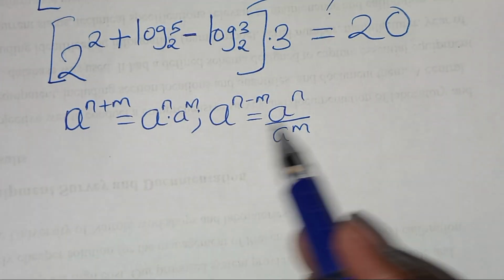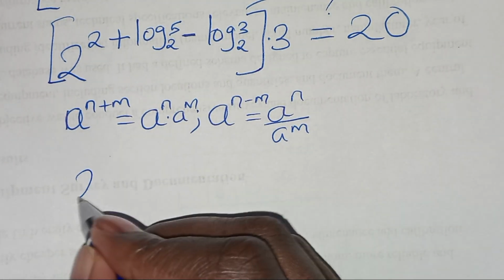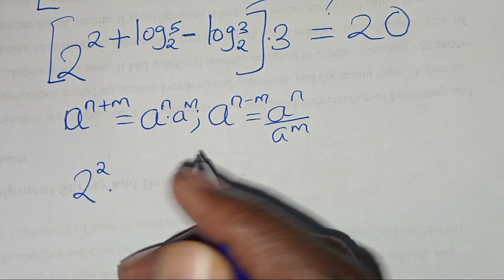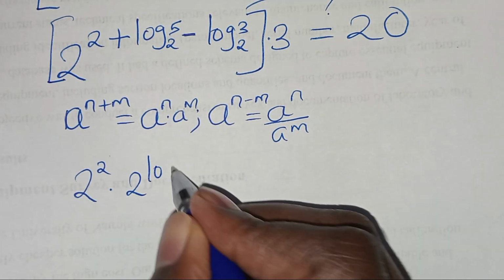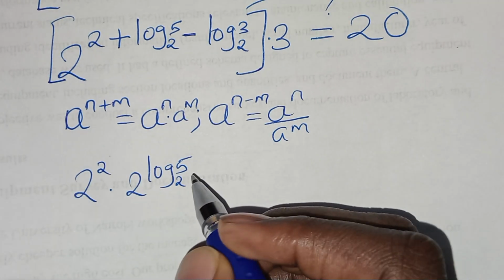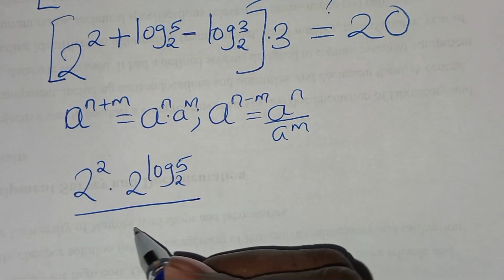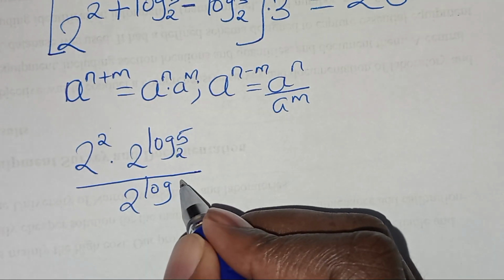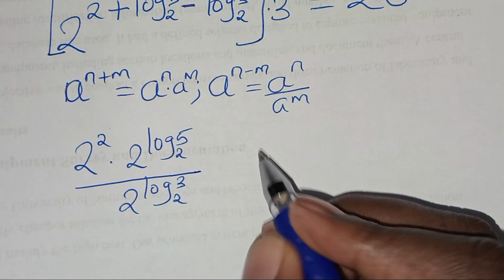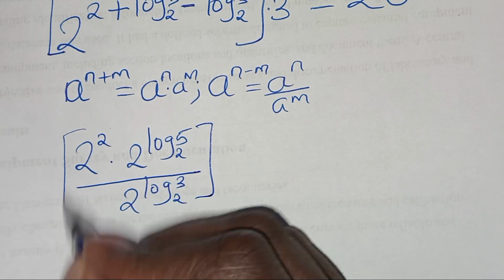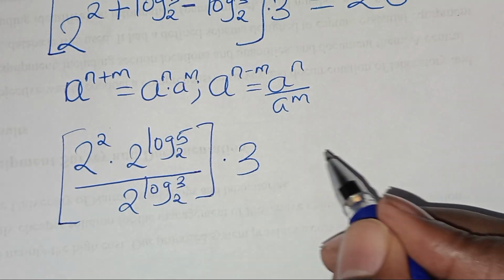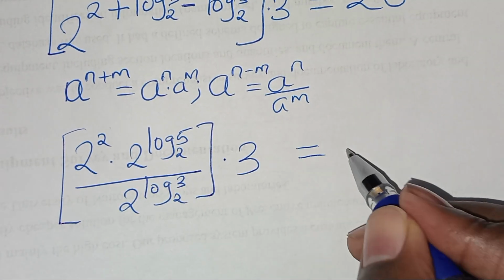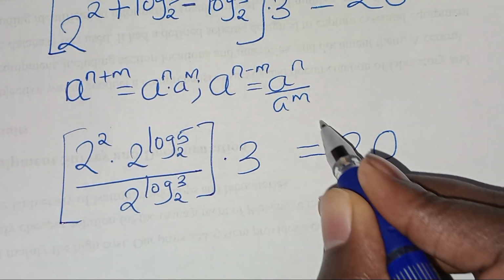Applying these exponent properties, here we have 2 to power 2 times 2 to power log 5 to base 2 divided by 2 to power log 3 to base 2, everything here multiplied by 3. This is supposed to give us a value of 20.